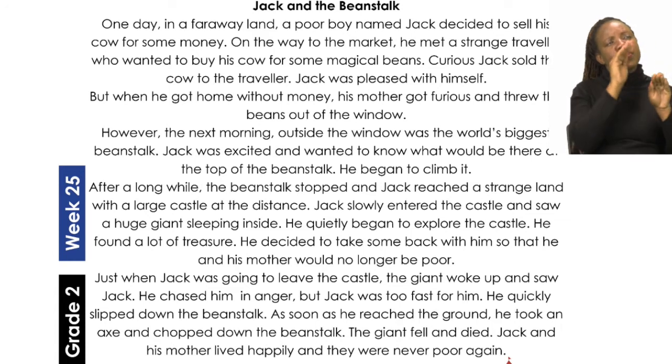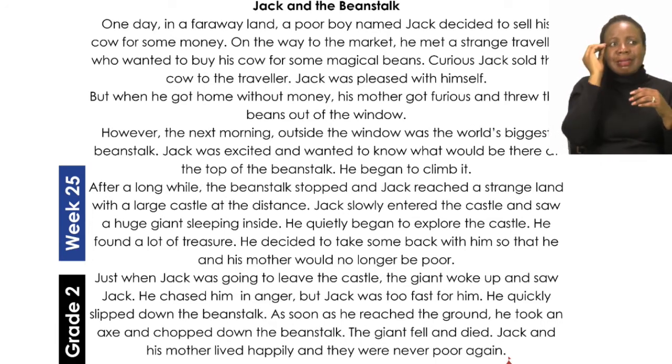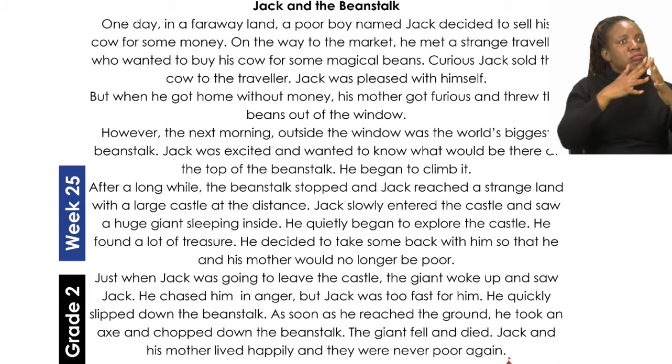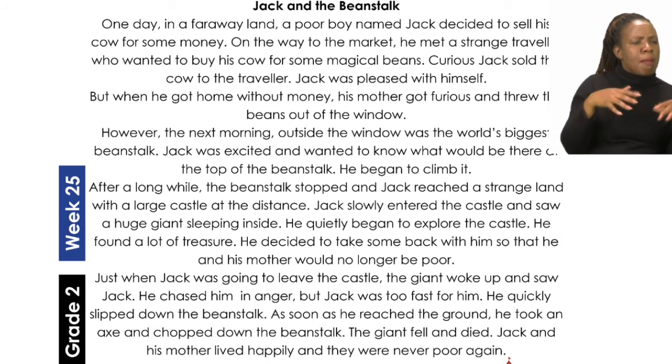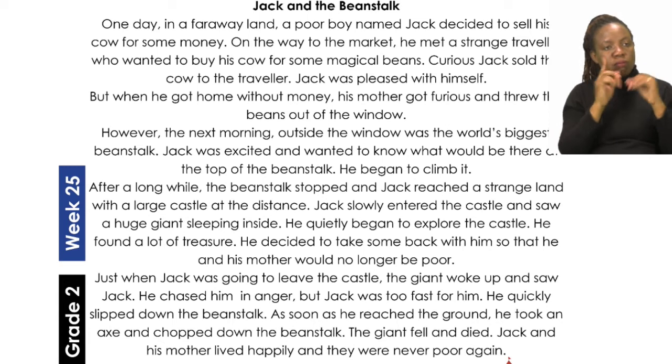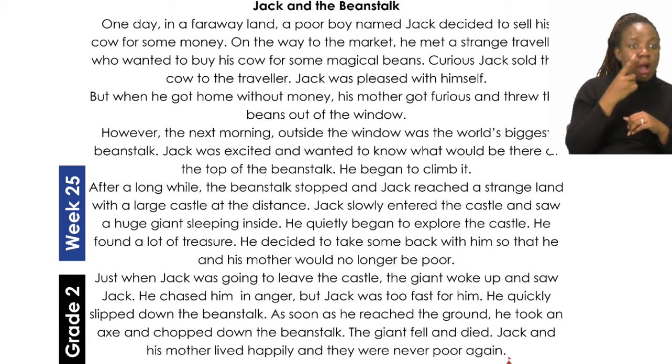After a long while, the beanstalk stopped, and Jack reached a strange land with a large castle at the distance. Jack slowly entered the castle and saw a huge giant sleeping inside. He quietly began to explore the castle. He found a lot of treasure.